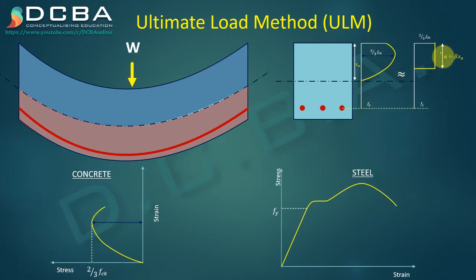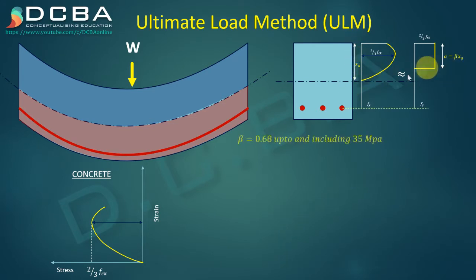Anyways, this depth A of this stress block is given by beta into XU, where this is your XU, and this beta is equal to 0.68 up to and including 35 megapascals. So if your FCK is 35 and below, then you can directly take beta equal to 0.68.